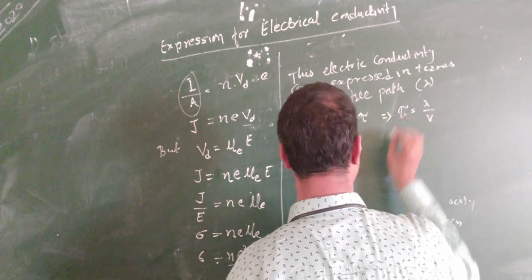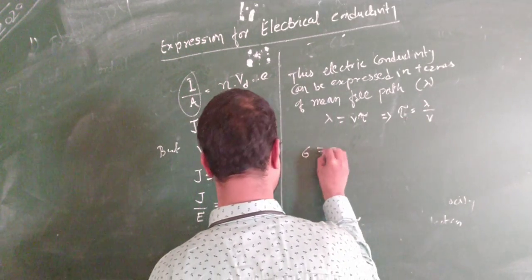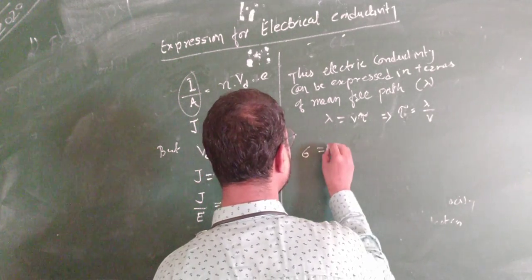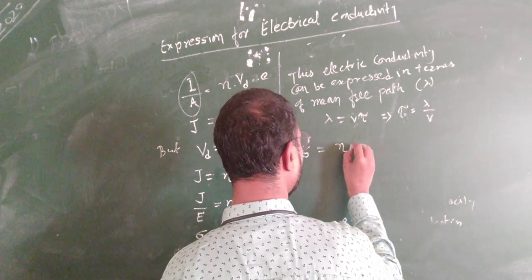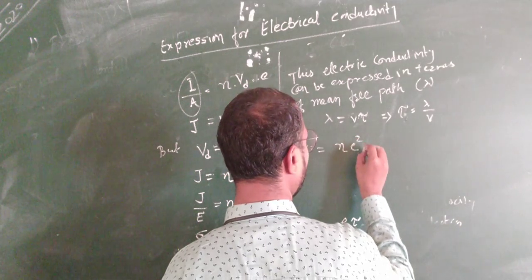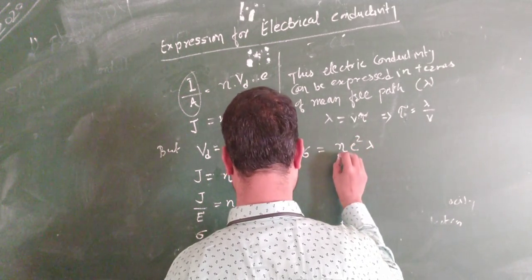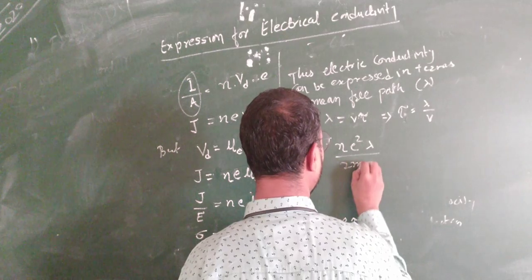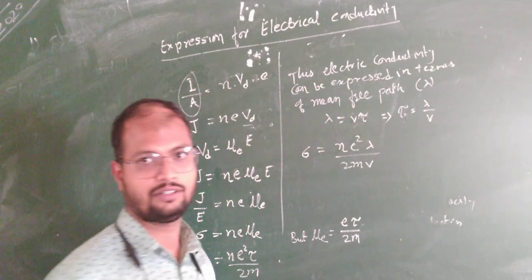By putting this value we get the electrical conductivity sigma equal to n e square lambda upon twice m v.